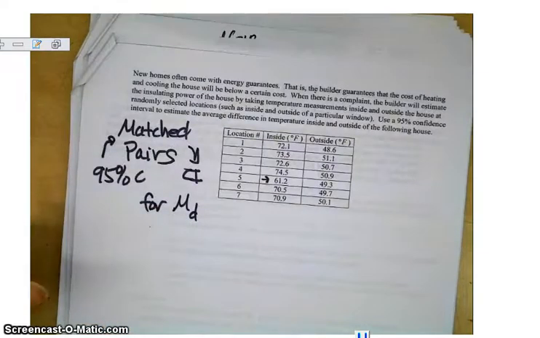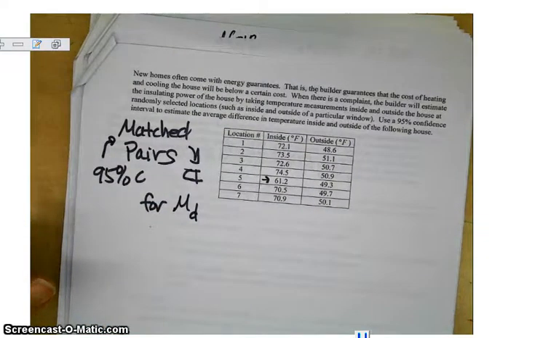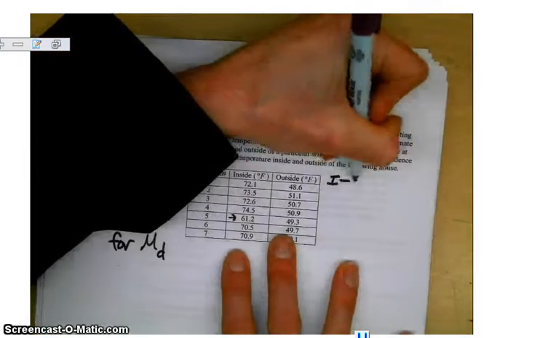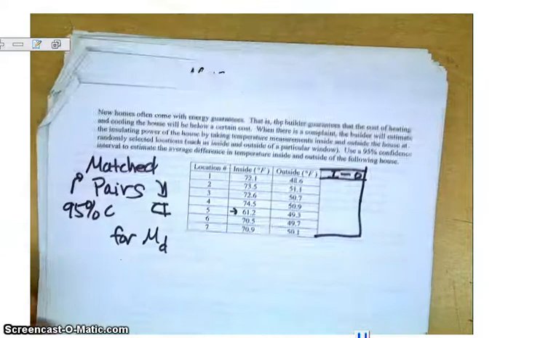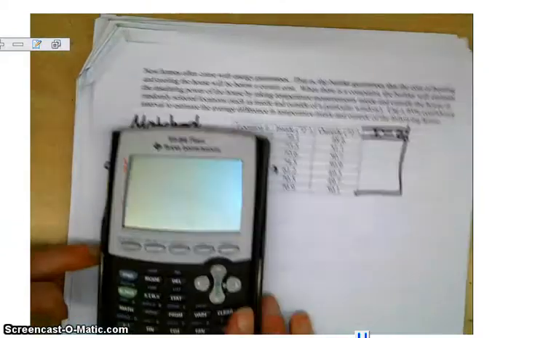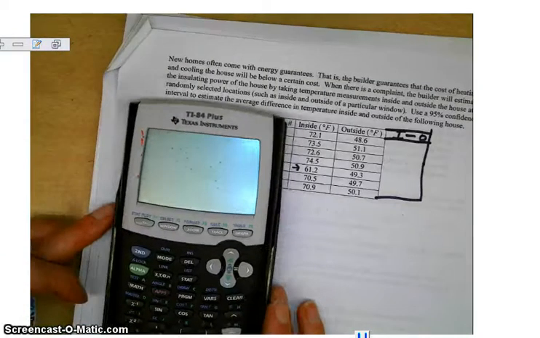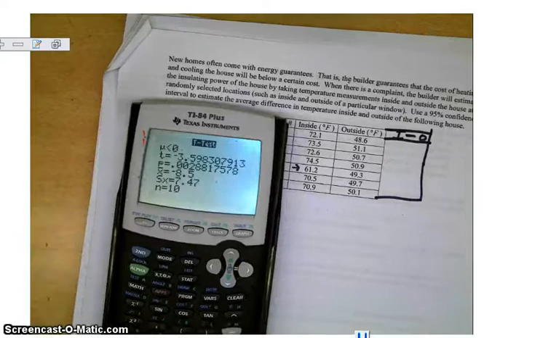Okay, matched pairs is never for two, it's not a two sample. You are going to find the difference, inside minus outside. You're going to need to make a new column and find that difference. Okay, so can you do this on your calculator easily? Yes, you can. So, turn your calculator on.